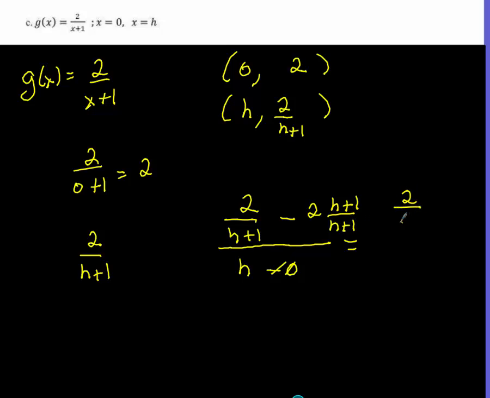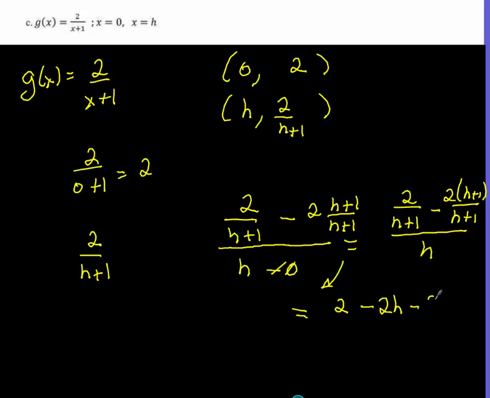So then this would become 2 over h plus 1 minus 2 times h plus 1 over h plus 1, all over h, which then simplifies. So I can say this would be then 2 minus 2h minus 2 over h plus 1 divided by h.